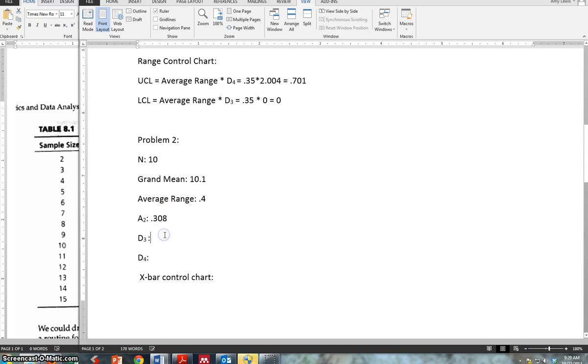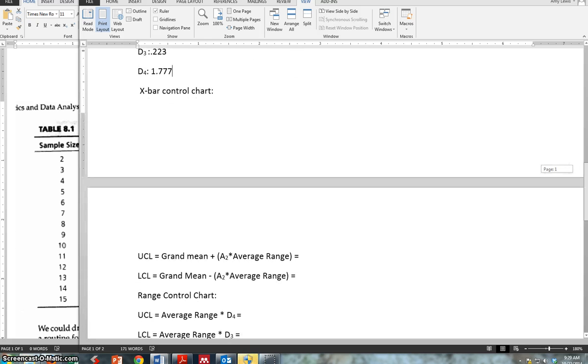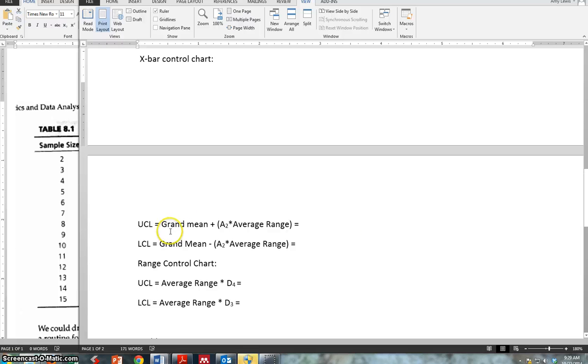0.308, 0.223, 1.777. So we just have those together. And just like before, I'm now just going to fill in those numbers into my formulas so I can get my control charts. So for X bar, that's going to be my grand mean, 10.1, plus A2, 0.308, times my average range of 0.4, and that works out to 10.223.